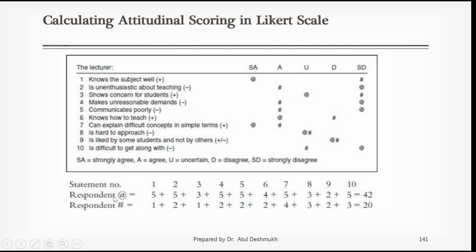So respondent number 1, or respondent at, has marked the first statement, knows the subject well, with the highest mark, 5 marks. But respondent number hash has given the lowest mark. Similarly, for this negative statement, respondent at has given the highest mark. This is a negative statement. When he is marking strongly disagree, it means he's giving the highest mark.